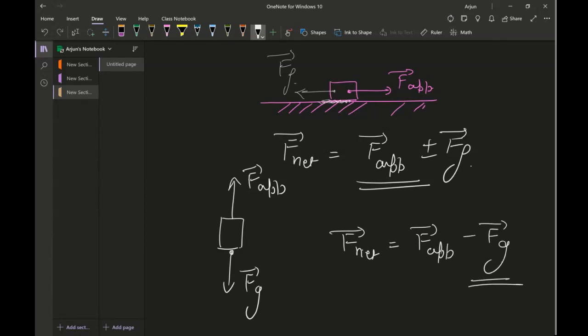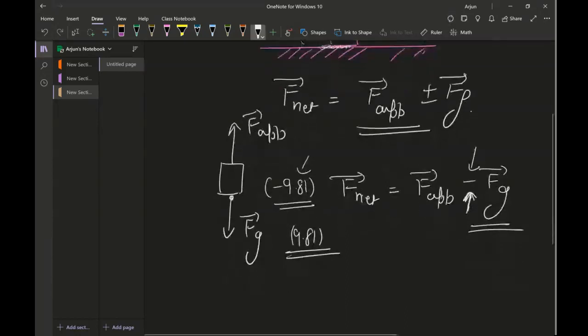Fg will always be downward, so that's why I've taken this as negative. In this case, we will not consider the g value as negative 9.81 because we've already considered the sign here. So we will only take the value as 9.81. Again, if you are a little confused, you can go back and watch my previous lectures. You'll be able to understand why we consider the g value as 9.81.